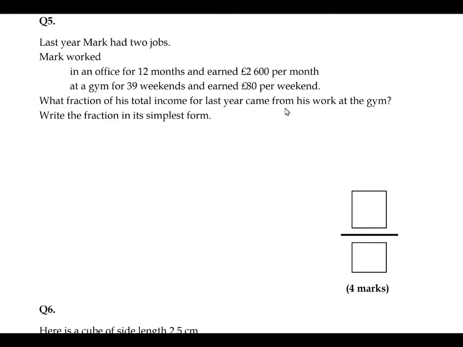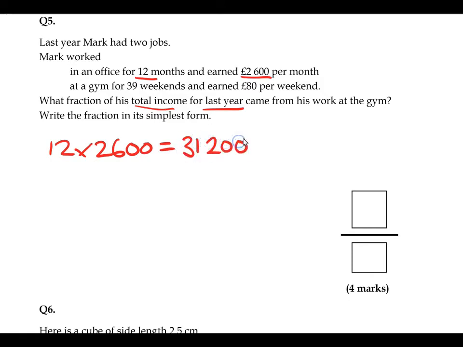So the first thing we need to do is we need the total income for last year. So we need to work out what he earns in a year. So he has 12 months at £2,600 a month. Do this on your calculator and you can see he earns £31,200 from the office job.